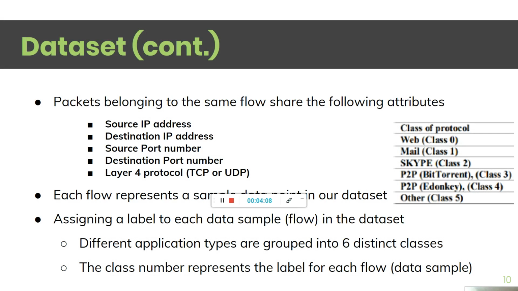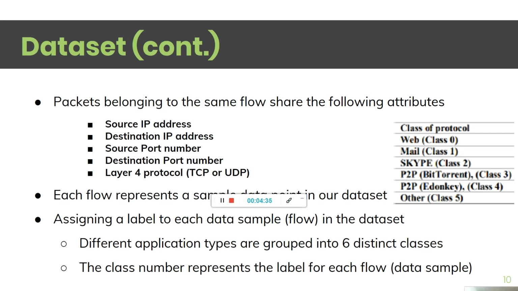Each sample in the data set represents a flow, and a flow is represented by a group of packets that share the same source IP address, destination IP address, source port number, destination port number, and layer 4 protocol. As for the labels, different applications were classified into 6 main classes.